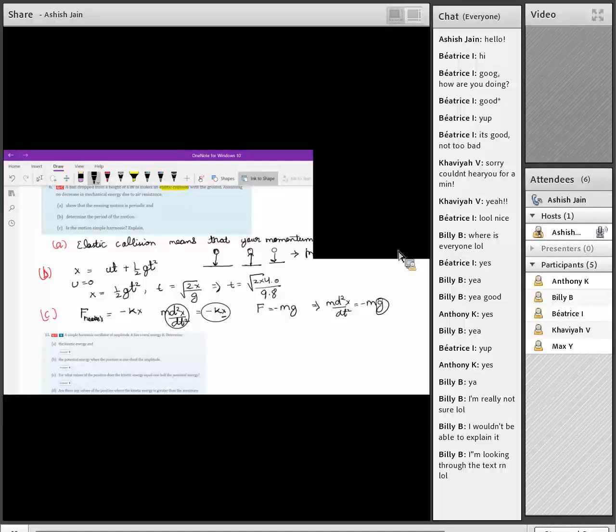So that means this motion is not simple harmonic. Does that make sense?